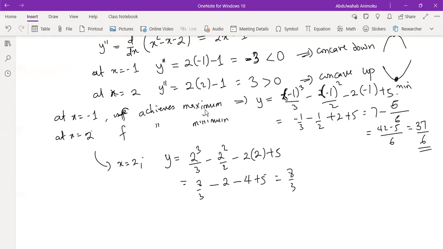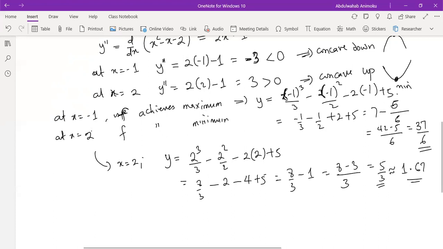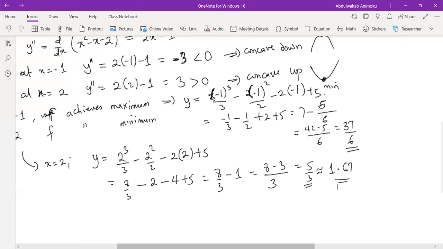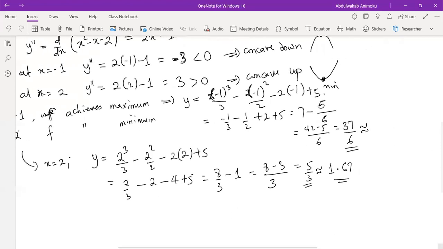So this is just 8 over 3, minus 6, plus 5, that's minus 1. So that means we have 8 minus 3, 5 over 3, which is approximately 1.67. And what about the first one? 37 divided by 6 is approximately 6.1. All right, so you can see this will be the maximum and this would be the minimum.